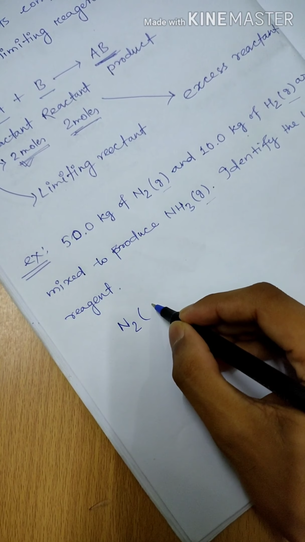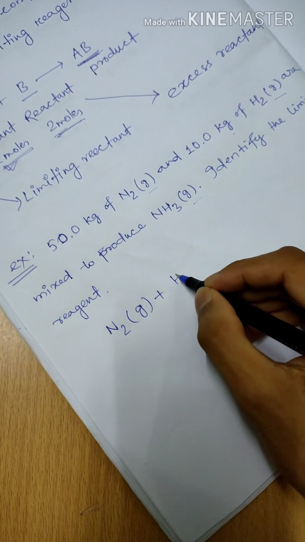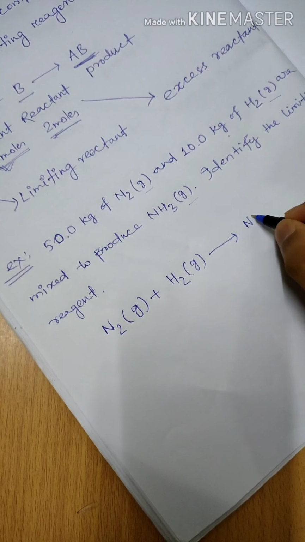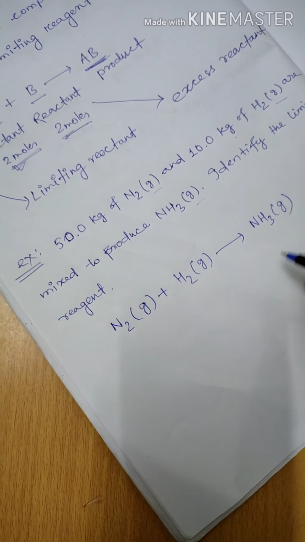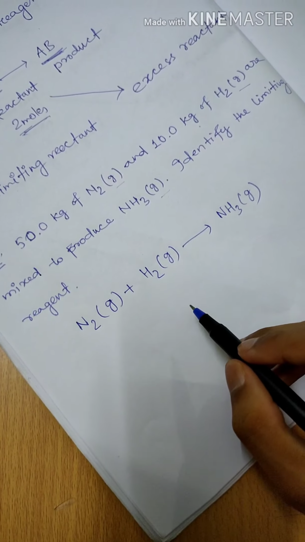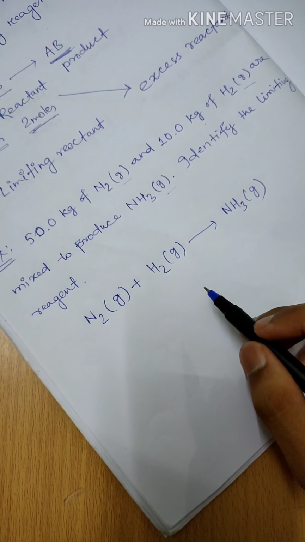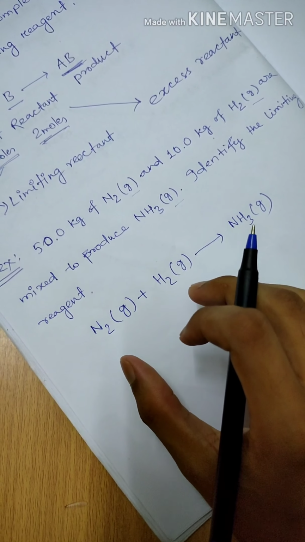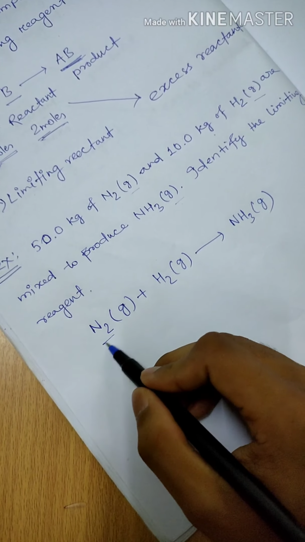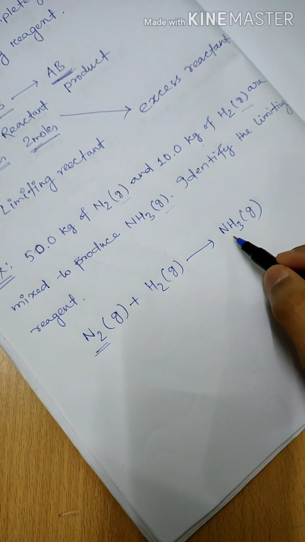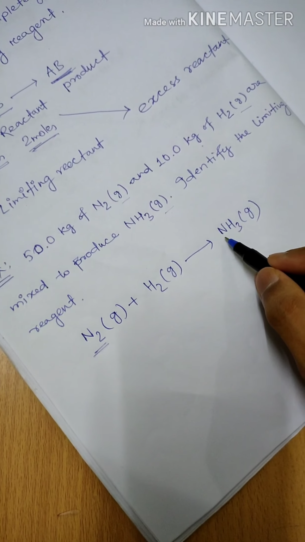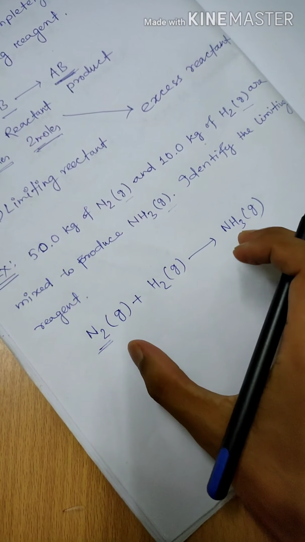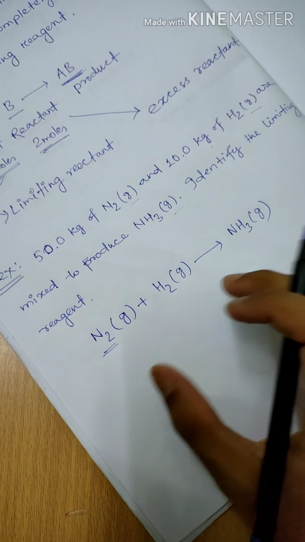N2 plus H2 gives the product NH3. So we have to balance this first. In the left side, means in the reactant, here 2 nitrogen are there, so in the product, means in the right side, only 1 nitrogen is there, so it should be the same in the left side and in the right side.